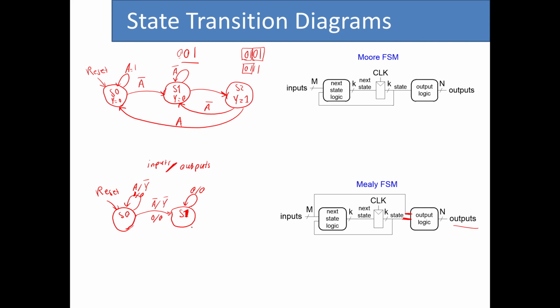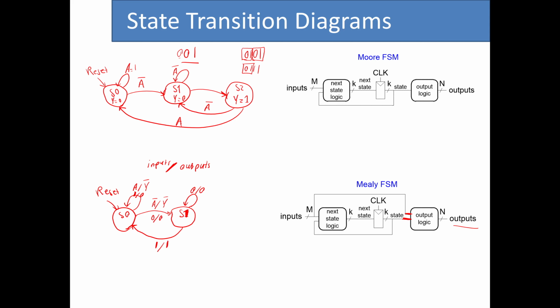Now, what happens if we detect a 1? If we detect a 1, then we need to show that we have detected the pattern, right? So what we do basically is that we go back to the initial state. So we have detected 1 as the input, and we say that we have detected the pattern with this one here.